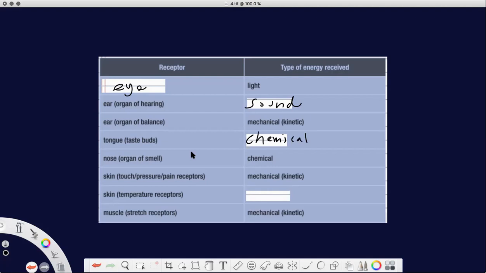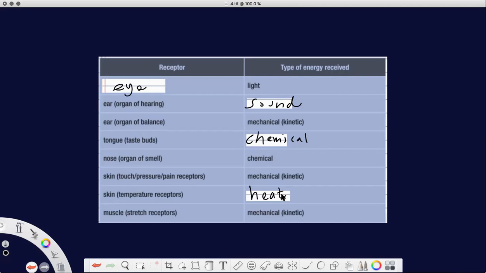And again, skin has, apart from pain and touch, temperature receptors, so there the energy is heat. Muscles have stretch receptors. They are mechanical again.